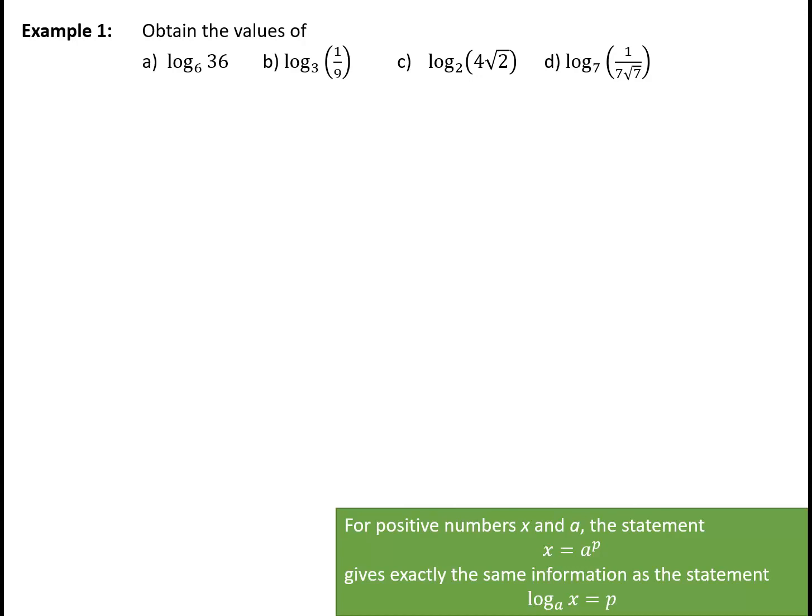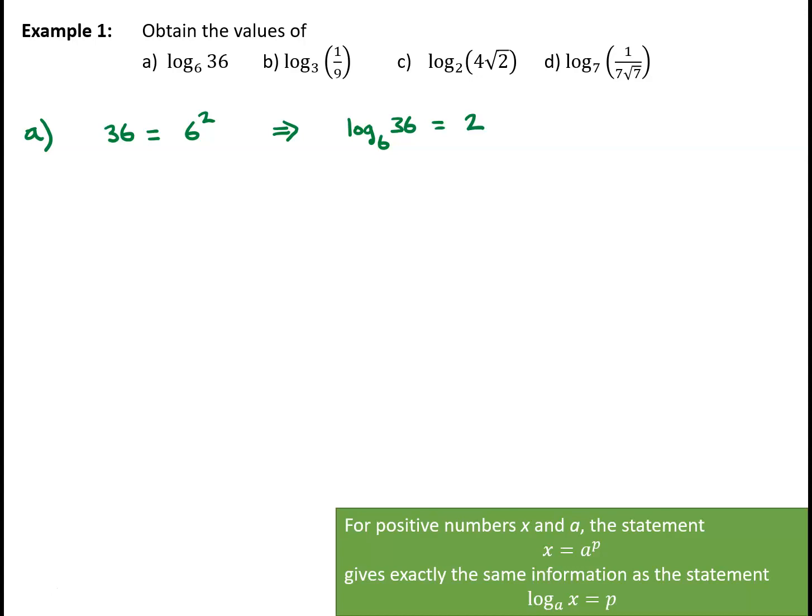So for example 1, we first of all got to obtain the value of log to base 6 of 36. So I need to write 36 as a power of 6. Well, I know that 36 is the same thing as 6 squared. So that tells me that log to base 6 of 36 must equal 2.